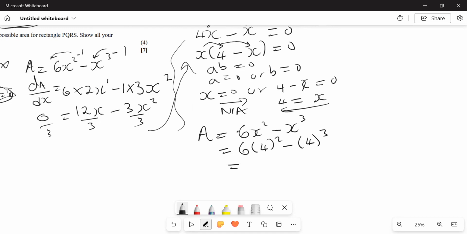Area max equals 6 times 4 squared minus 4 cubed. We get 32 units squared.